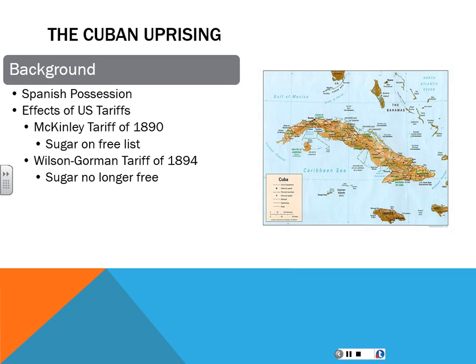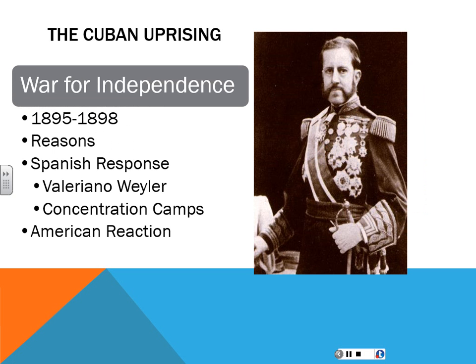It now has a 25% markup on it. You know what it does? It destroys the economy of Cuba. So things we do in the United States have a result or affect other nations.